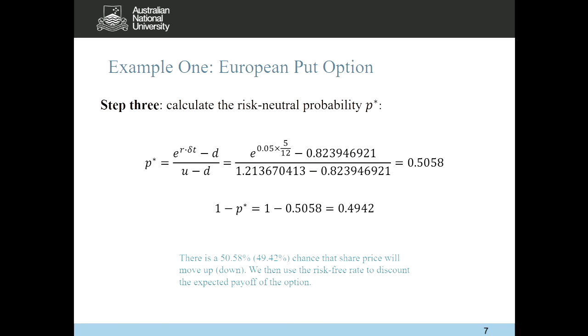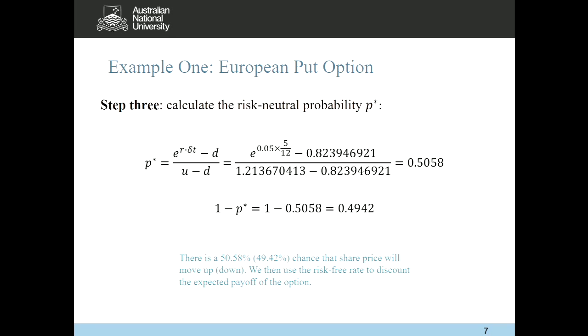Because on Monday we demonstrated that investors' actual risk preference does not affect the pricing of the option. We showed that even if we try different probabilities, even if we plug in the wrong probabilities, we can always get the correct option price. It turns out the value of the option does not depend on the real probability.